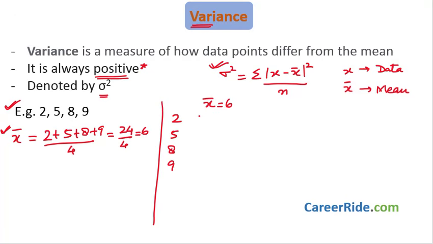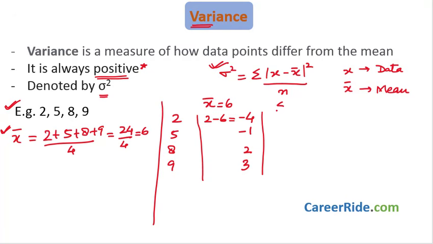So 2 minus 6 is equal to minus 4. 5 minus 6 is equal to minus 1. 8 minus 6 is equal to 2. And 9 minus 6 is equal to 3. So this second column is x minus x bar that I have found out.